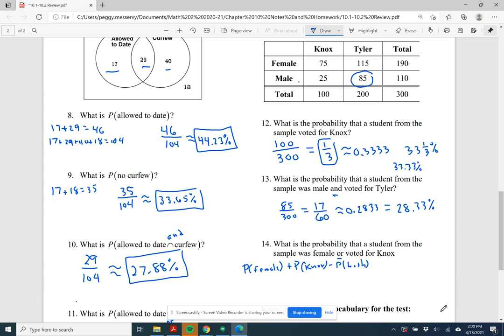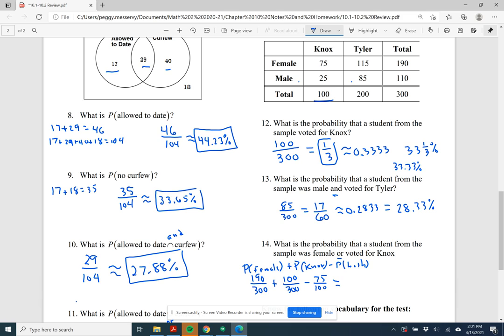That's going to be 190 out of 300 plus probability that they voted for Knox. So 100 students voted for Knox. It's 100 out of 300. Both female and voted for Knox. That would be 75. So we subtract 75 out of 100. End result is we took these 190 students and we added these 25 because 100 take away 75 is the 25 males that voted for Knox.